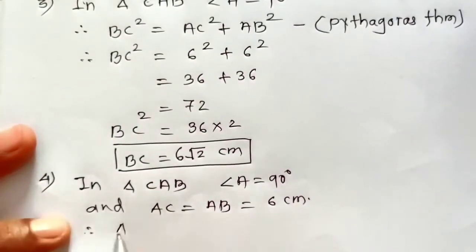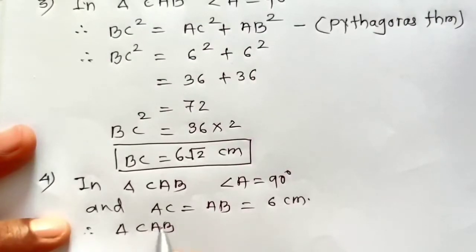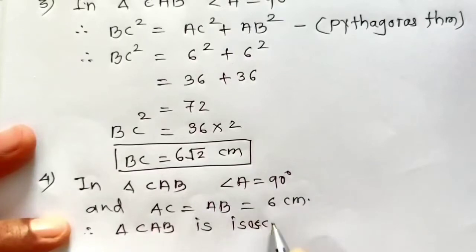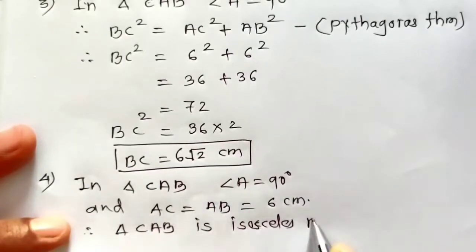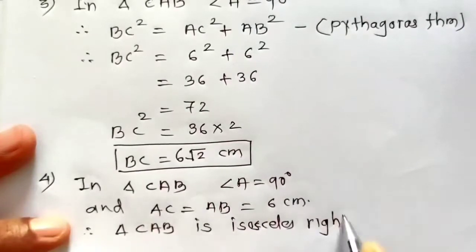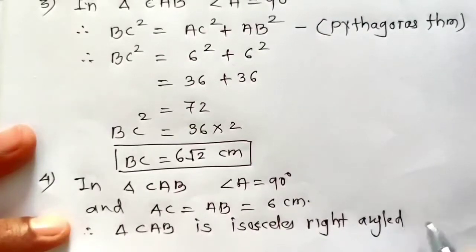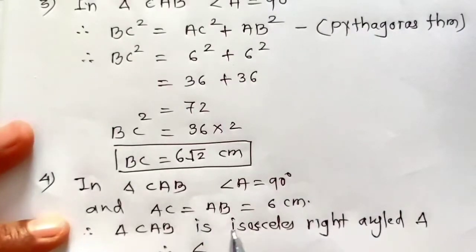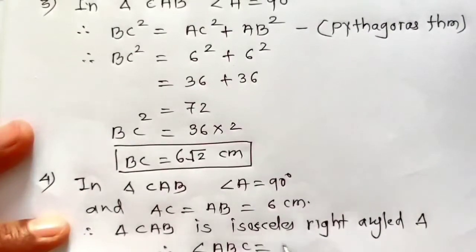Therefore, triangle CAB is an isosceles right angled triangle, and therefore in an isosceles right angle triangle the measure of these angles is 45 degree. Therefore measure of angle ABC is equal to 45 degree.